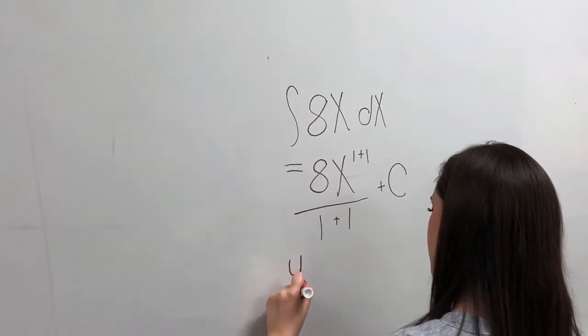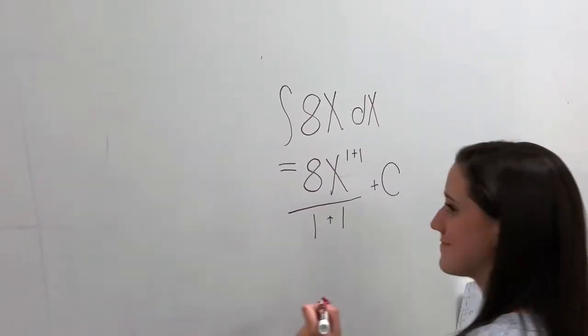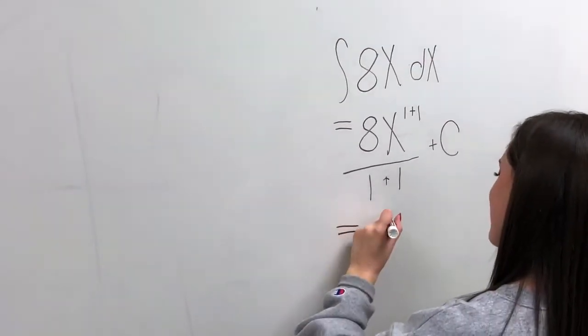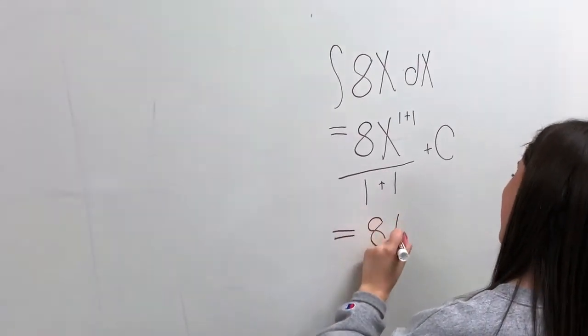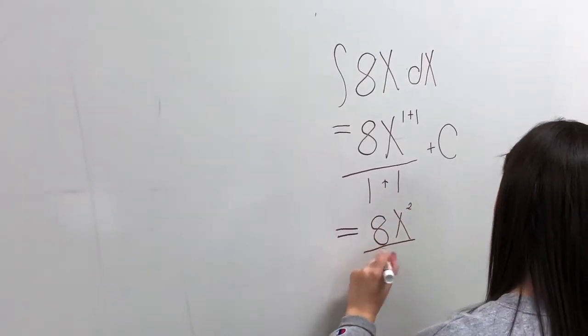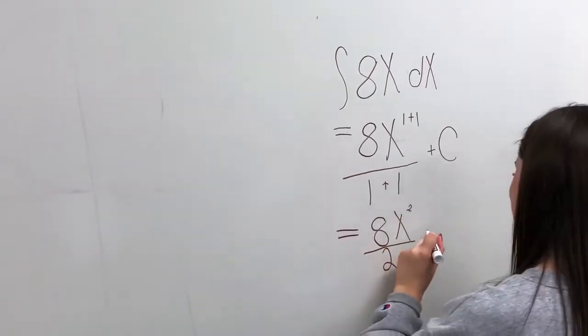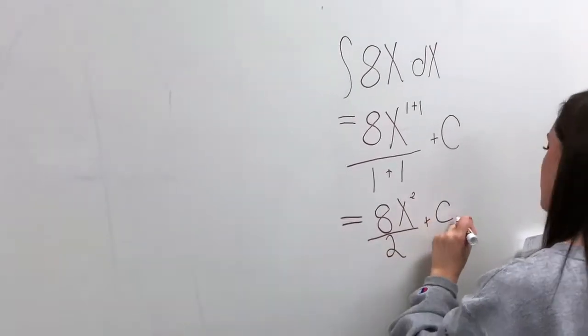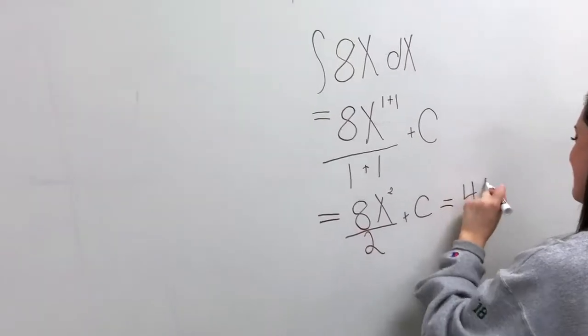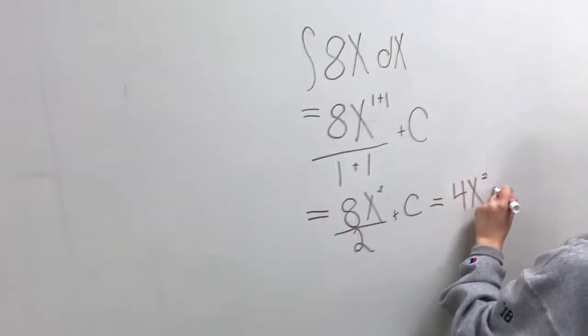Because the 8 is just a scalar, we don't need to do anything to that. So to simplify that, we get 8x squared over 2 plus c, which simplifies down to 4x squared plus c.